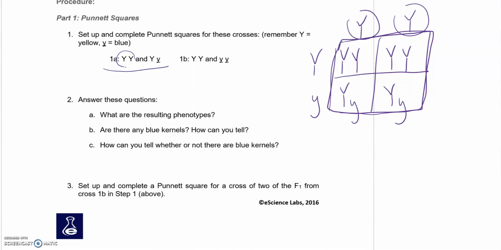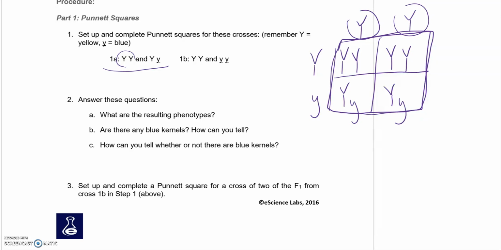That doesn't mean that you will get exactly that, because the probability that I flip a coin and get a heads is 50%, but I might flip heads twice in a row, right? It's just telling me the probability. However, I know that if I flip a coin, I'm going to get heads or tails. I'm not going to get something else. And so the genotypes inside these squares tell you what is possible. And then we can determine the phenotype from those genotypes.